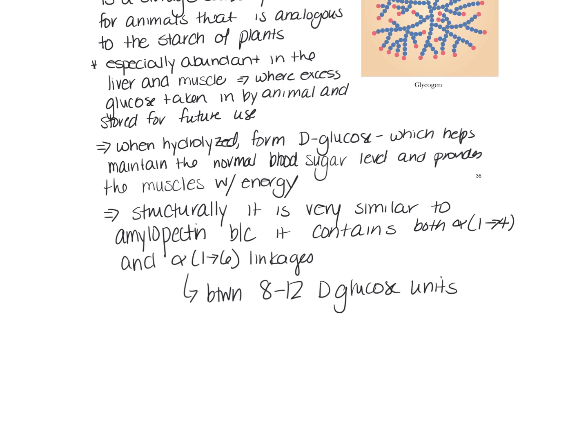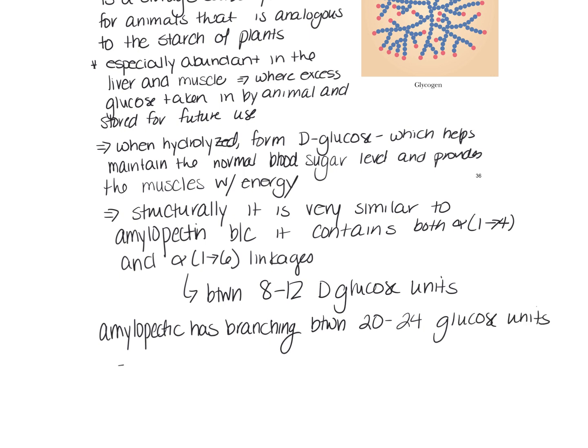Whereas amylopectin has the branching between 20 to 24 glucose units.